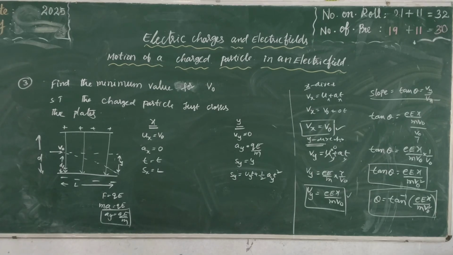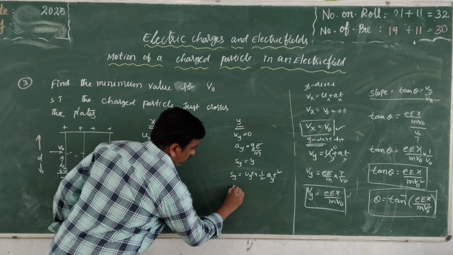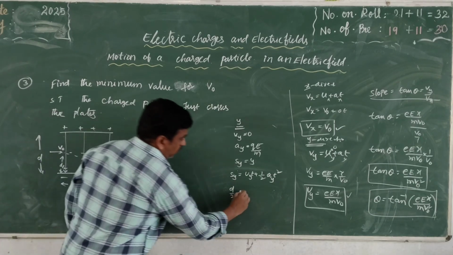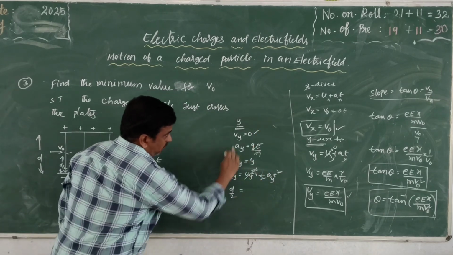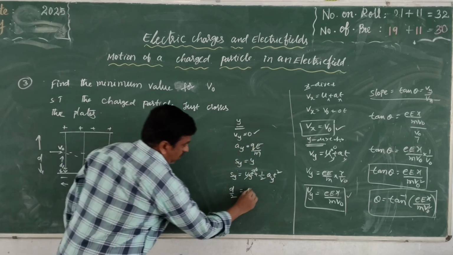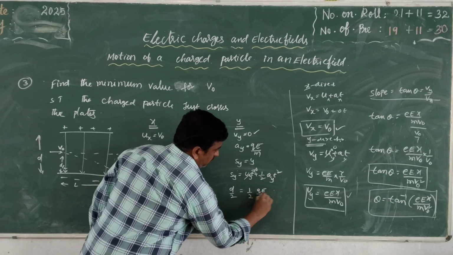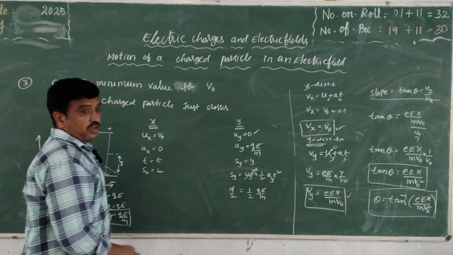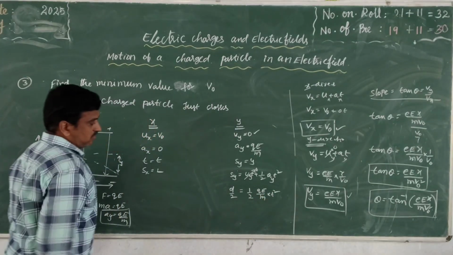Sy along y axis is D by 2. The displacement is D by 2. u y is 0, so initial velocity along y axis is 0. Half a means QE by m, the acceleration along y axis, and t we don't know, so t square.